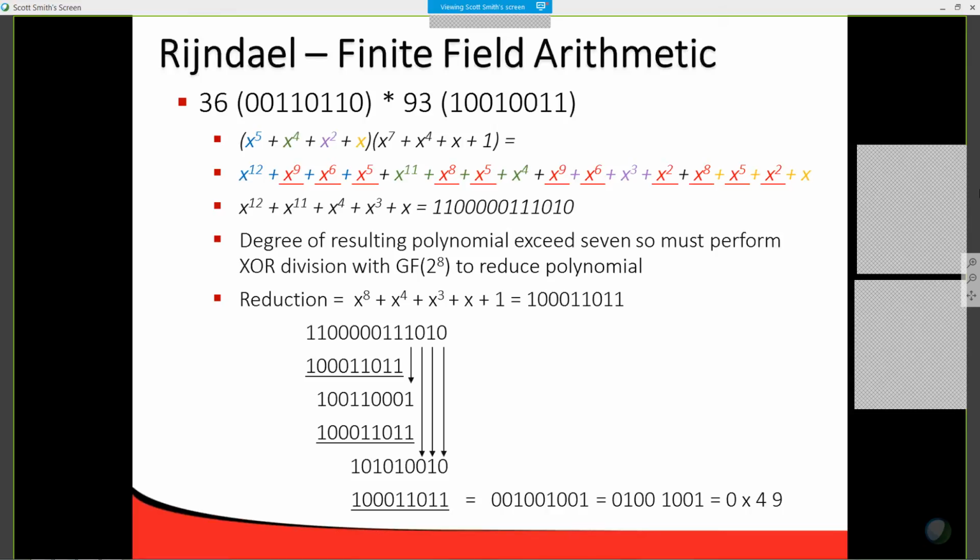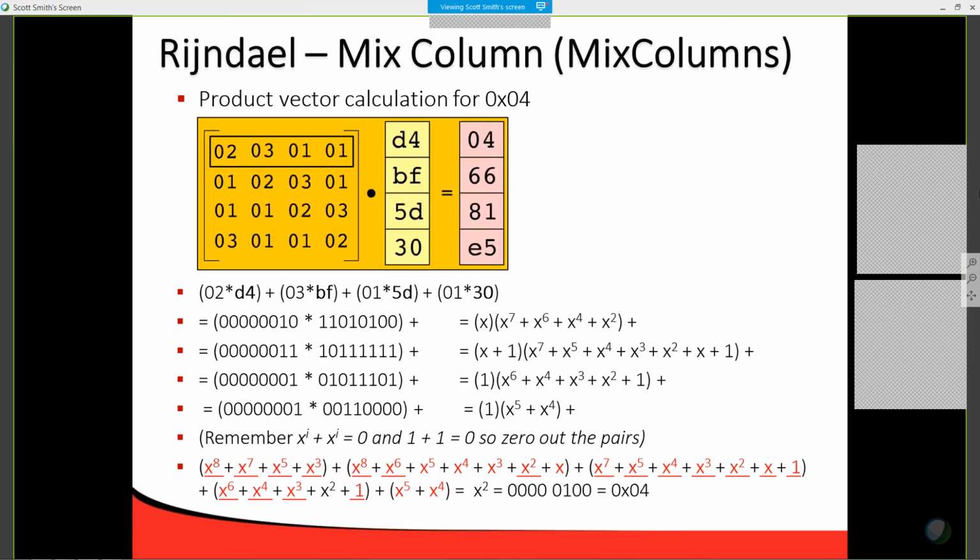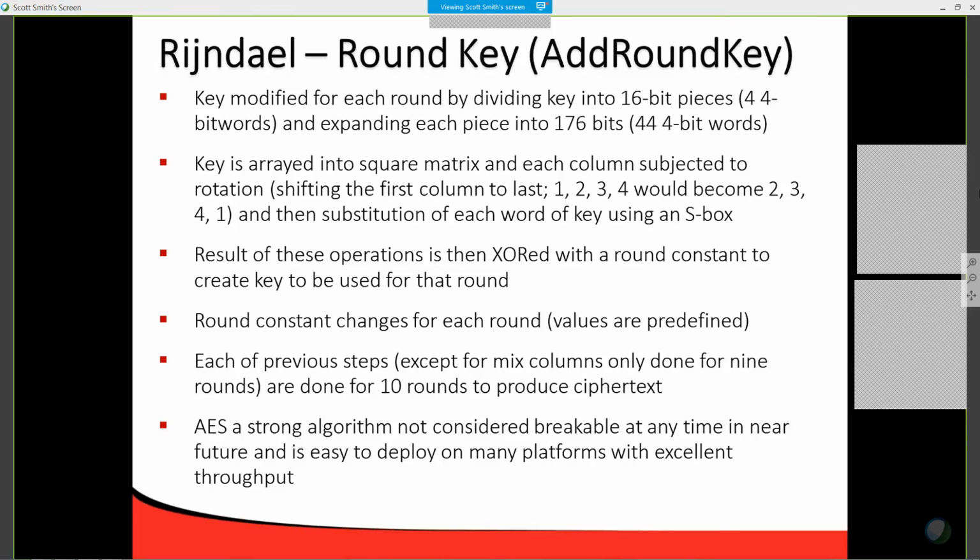And the end result is that row or that column becomes that column. And that's the whole math behind it. I spent like 8 hours trying to figure that out. But it's interesting. All right. And the end result is you get your different iterations of outputs to get your final encrypted output.